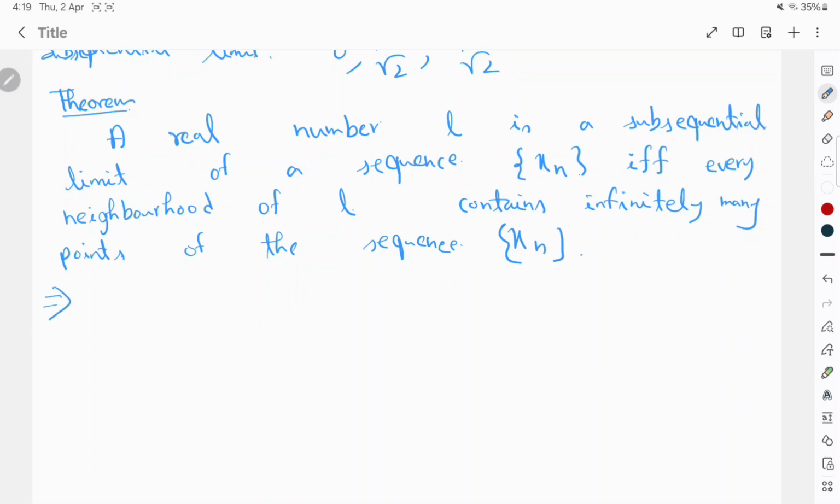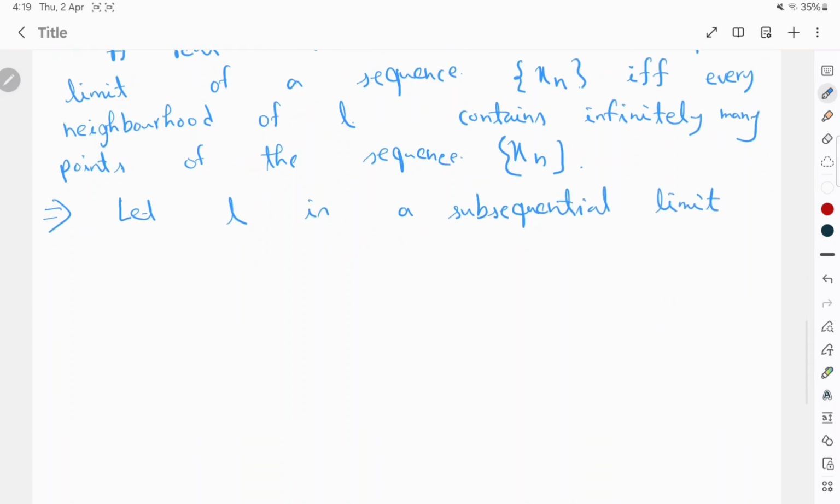Obviously this is if and only if, so you have to prove both ways. First consider that L is a subsequential limit. Then this is very easy. Let L be a subsequential limit.